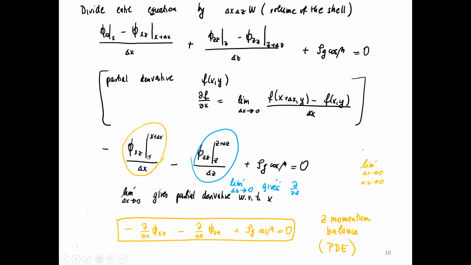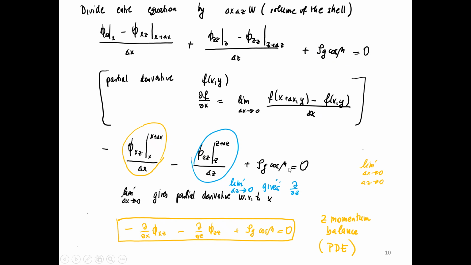This is again shorthand notation. This is my phi xz at x plus delta x minus phi xz at x, and this is just writing it the short way, divided by delta x. And this is minus the similar phi zz at z plus delta z, that's this one here. Plus, I have just a constant here.